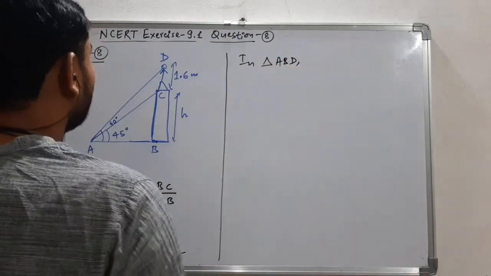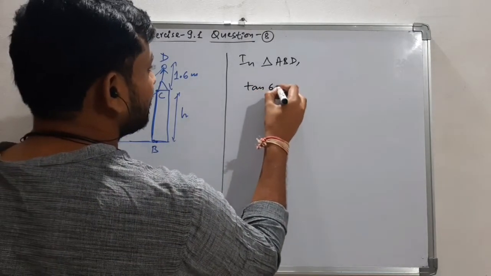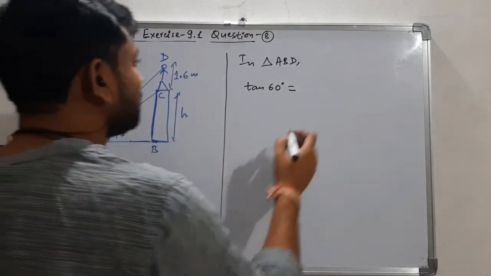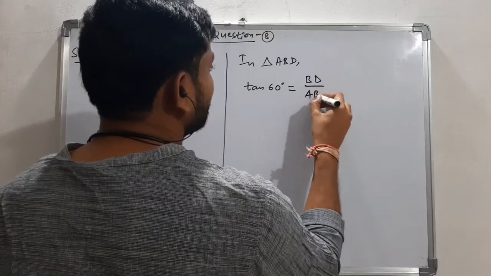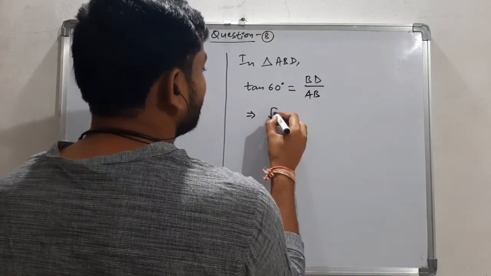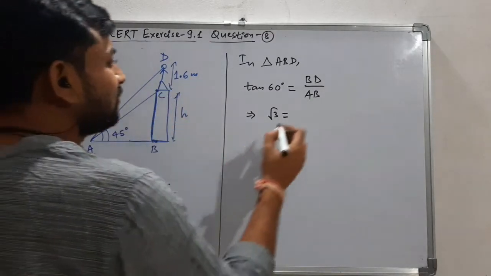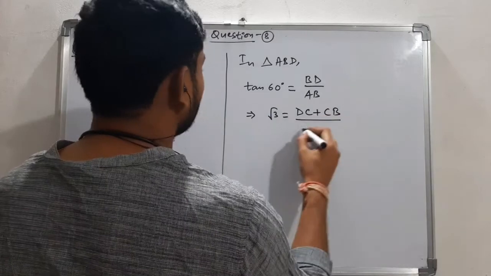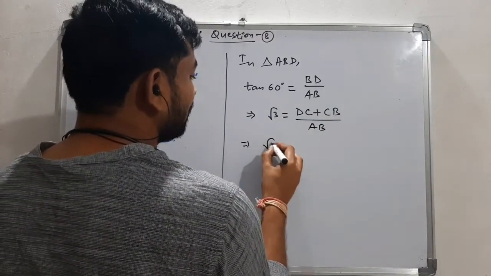In triangle ABD, the angle here is 60 degrees, so tan 60 degrees is equal to the perpendicular BD upon the base AB. So root 3 is the value here. Now the distance BD is DC plus CB, upon the base AB. Now let us substitute the known values here.